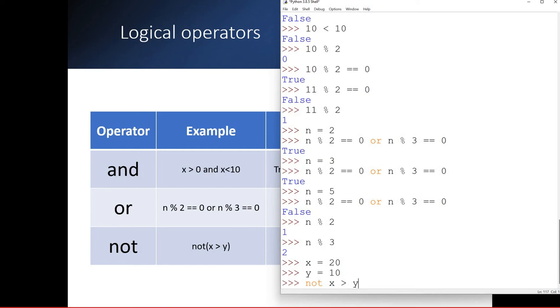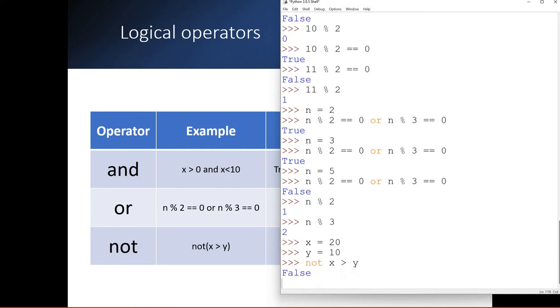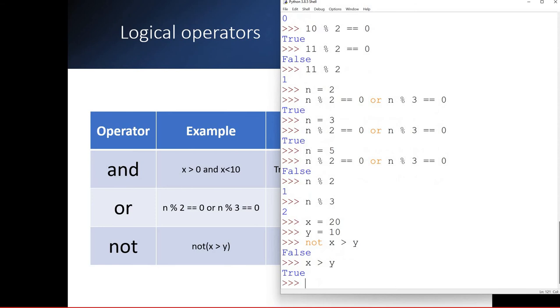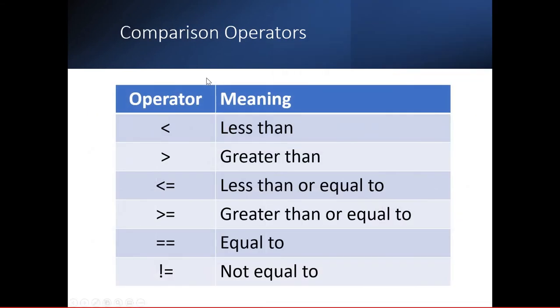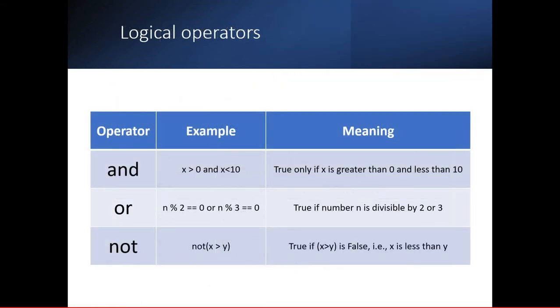Is it true or false? It's false, right? Why? If you check whether x is greater than y, which means is 20 greater than 10? Yes, right? So not true means false. So I hope now you have an understanding of comparison operators and logical operators.